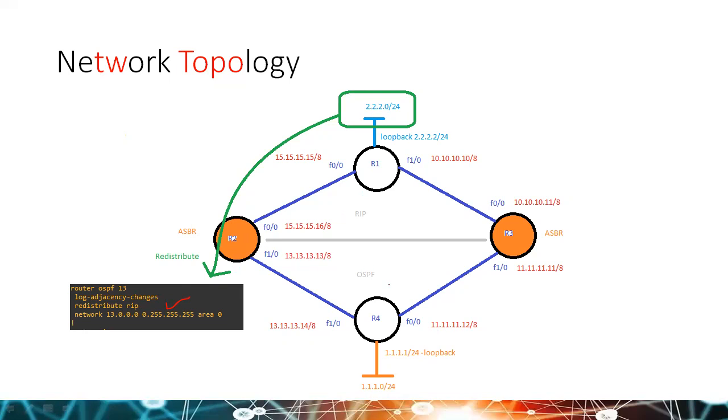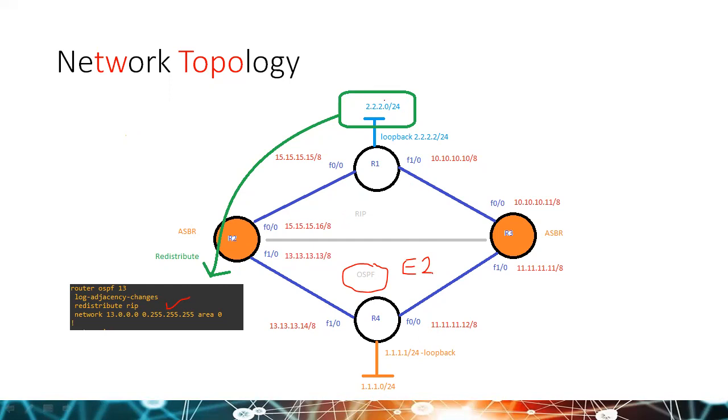And as per the algorithm, all the external routes will be redistributed into OSPF as E2 routes. If you have any questions about what E2 routes are, I would highly suggest you review some Cisco documents online.